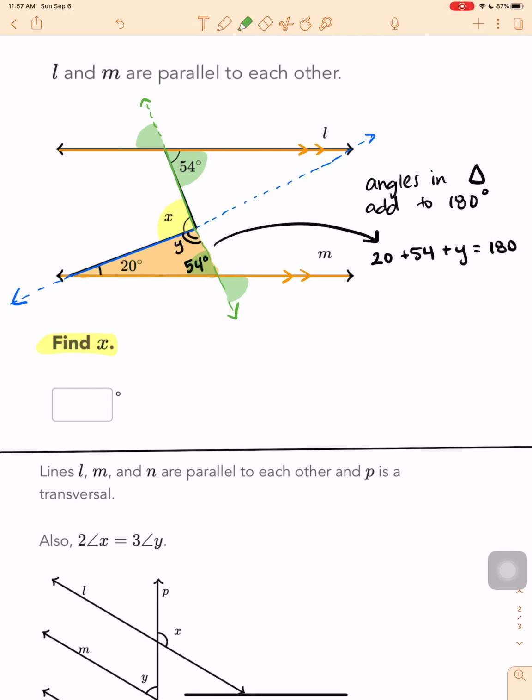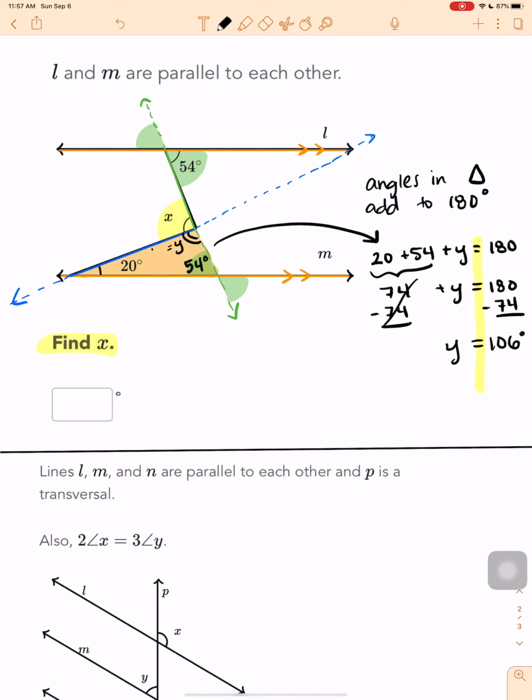Now again, that y, you can choose any variable you want. It's just a placeholder to help me solve this. So 20 plus 54 is 74. And again, I might be going too fast for you, so just make sure you pause throughout the video if you're feeling like this is going way too fast. So I subtract 74 on both sides. I'm going to get y is equal to 106 degrees.